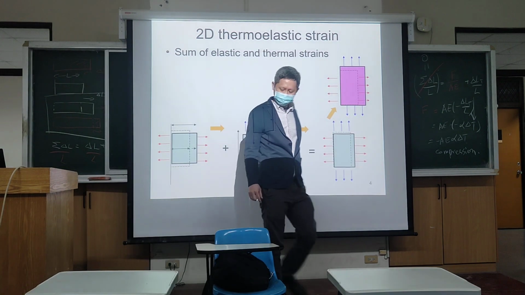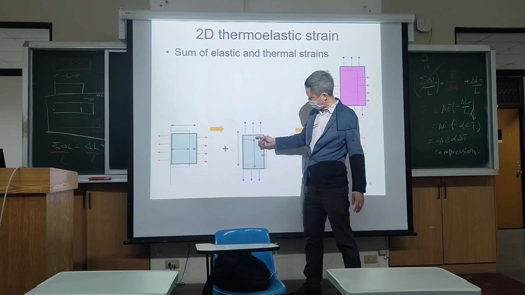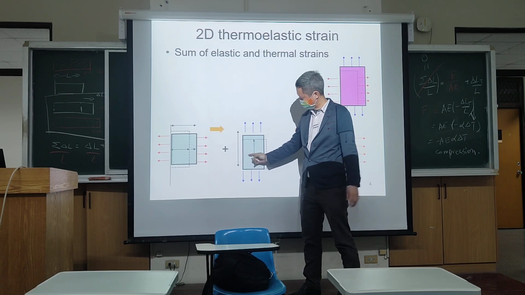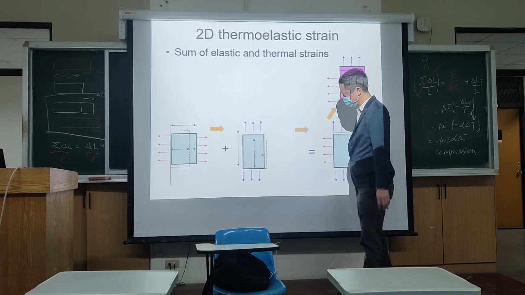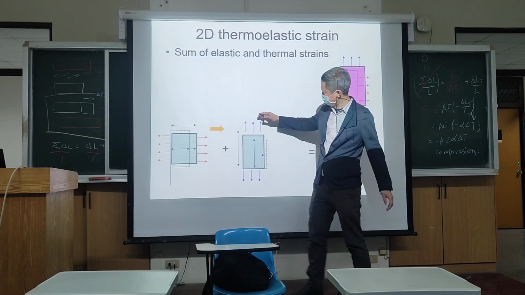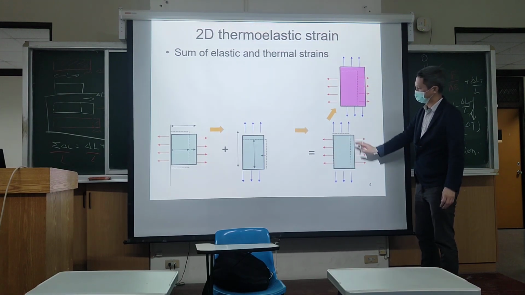But if the same plate is subjected to vertical stress, it's going to extend in the vertical direction, but shorten in the horizontal direction. If you now consider the plate subjected to both the horizontal force and vertical force, then you have a combined force, which is 2D.